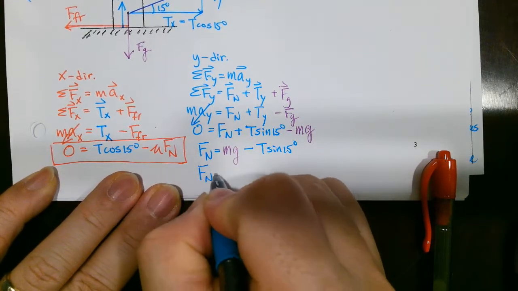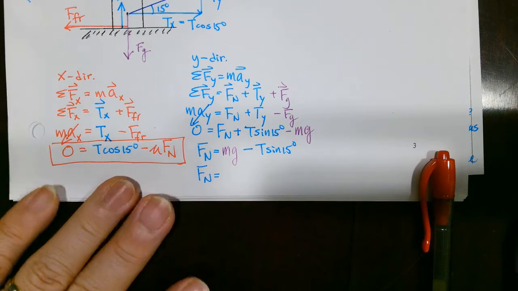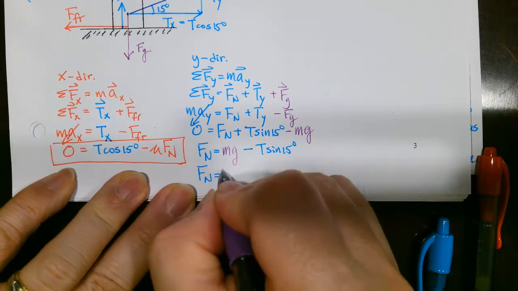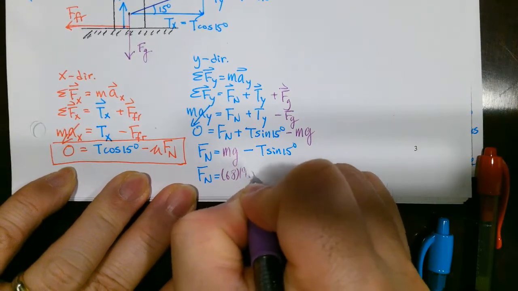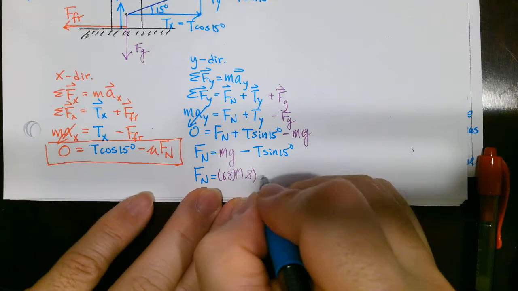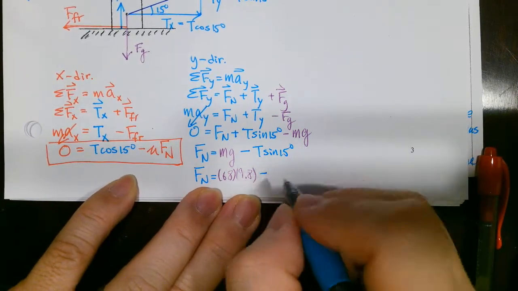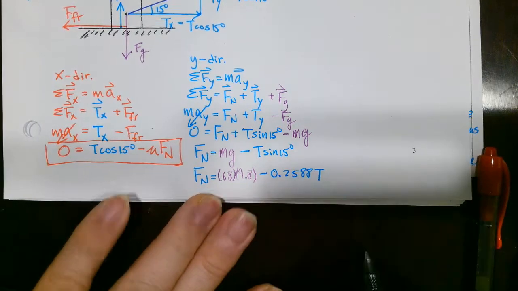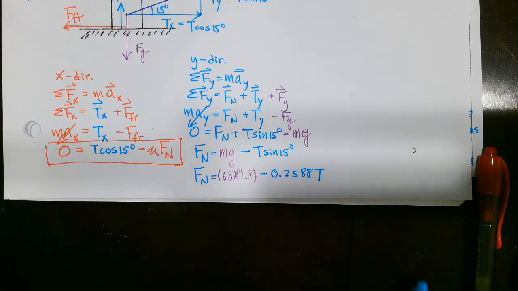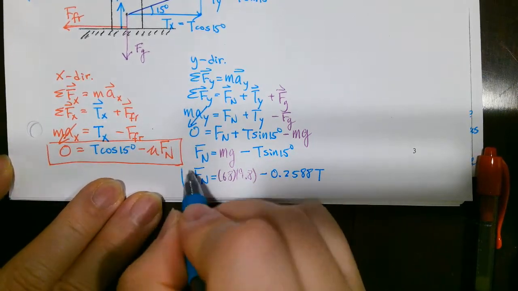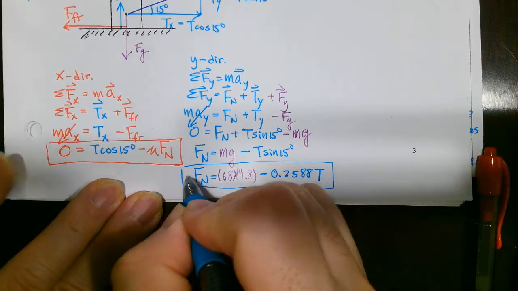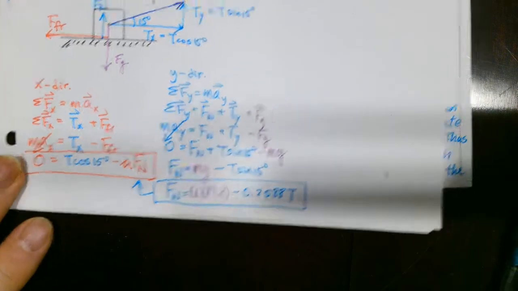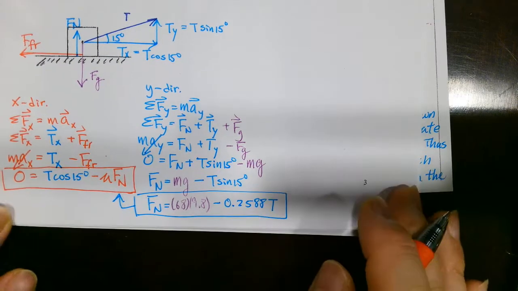So my F normal is equal to mg, which is 68 times 9.8, minus 0.2588 T. If you substitute this into the normal force there, you can calculate your tension.